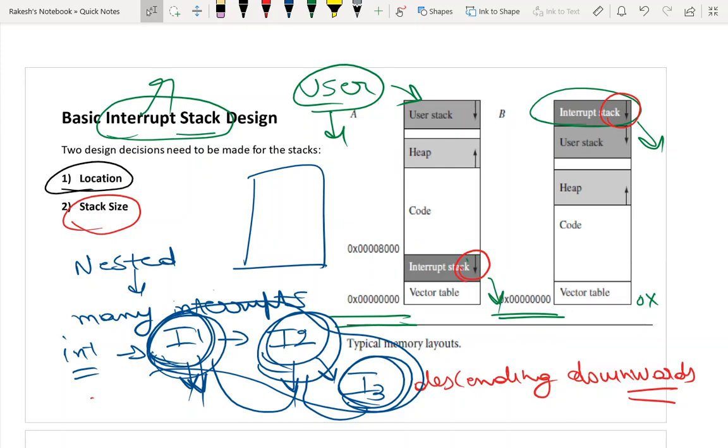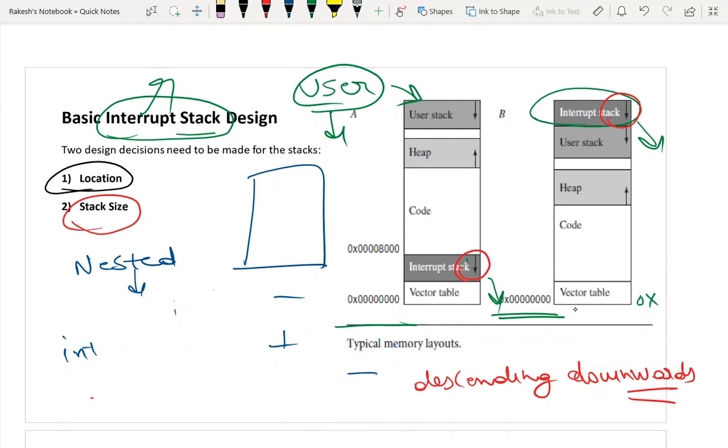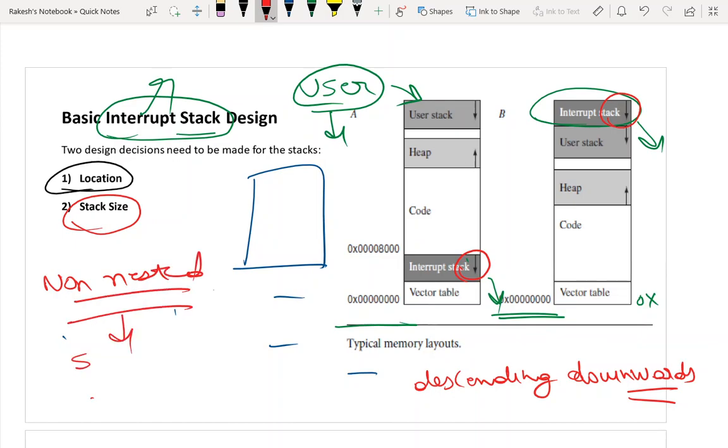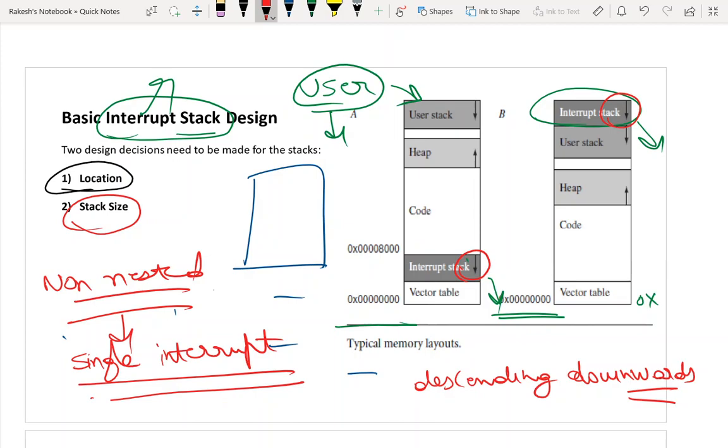Whereas with respect to the non-nested interrupt handler, as I said earlier, there is only one single interrupt you are going to deal with. Since you are dealing with only one single interrupt, you don't have to worry about the stack beyond whatever the single interrupt requires, because you are going to push the register contents onto the stack and pop the register contents from the stack.